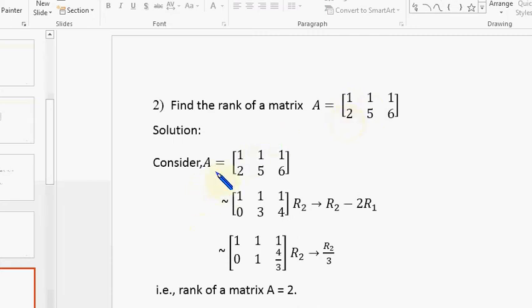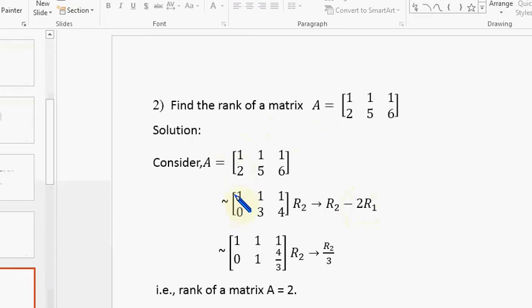Let us consider the matrix is A, that is 1 1 1, 2 5 6. Below the diagonal element is 2 only, therefore R2 can be written as R2 minus 2R1.